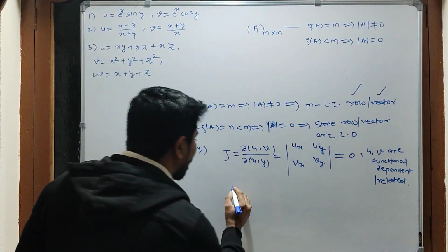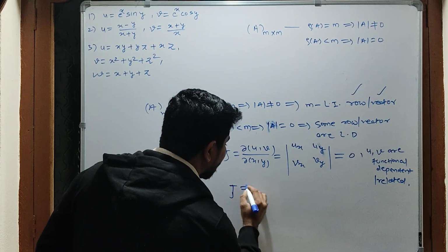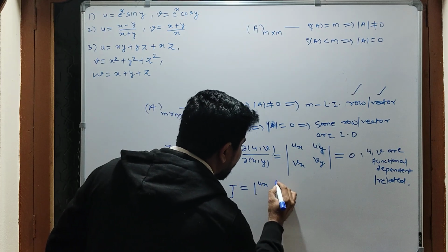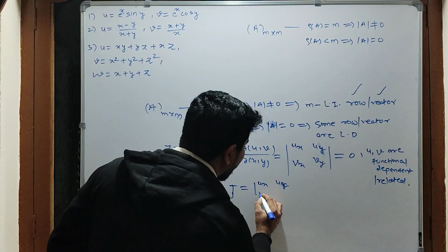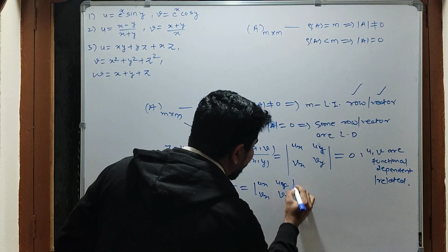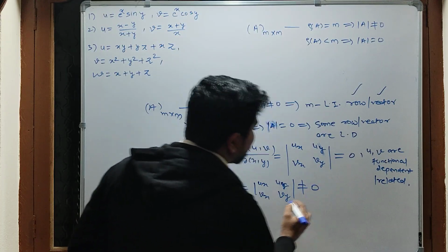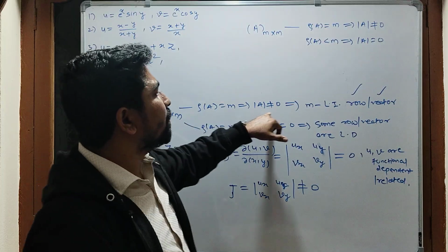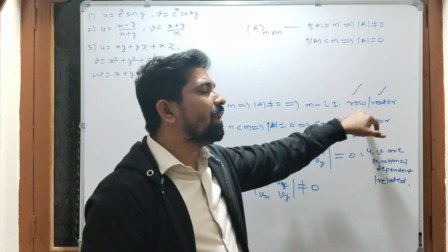Now in the same way, here J equals the determinant of ux, uy, vx and vy, which is not 0. So here, if the determinant of your matrix is not 0, at that time the rows or vectors are linearly independent.